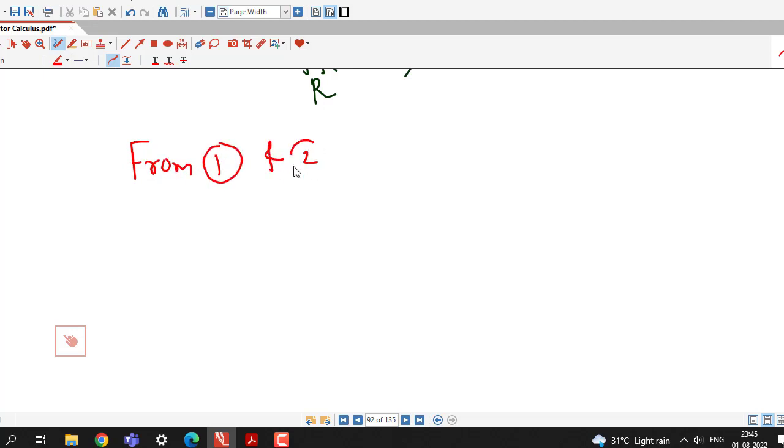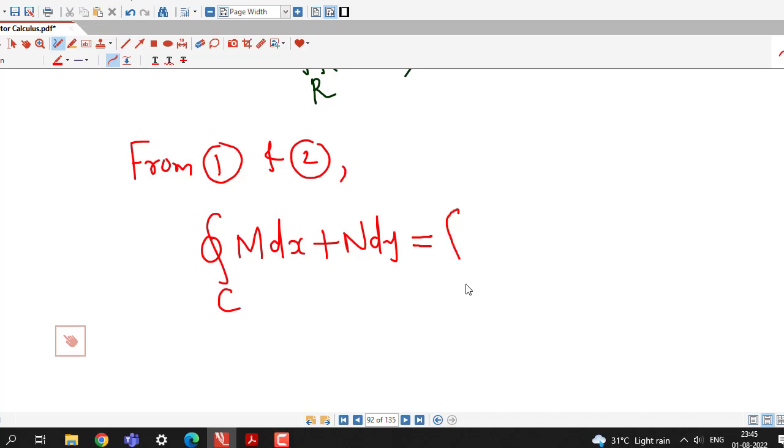From equation number 1 and 2, we observe that line integral m dx plus n dy along a closed path C that encloses some region R in the xy plane.